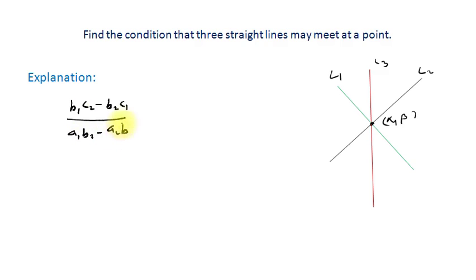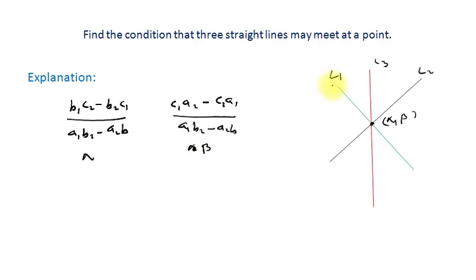So this is the point of intersection, that is alpha, and the beta is C1 A2 minus C2 A1, divided by A1 B2 minus A2 B1. So this is alpha, and this is beta.